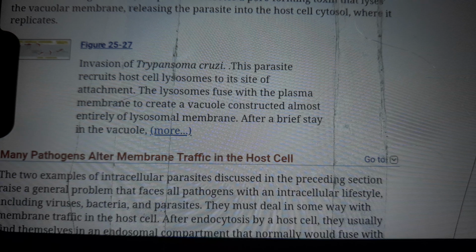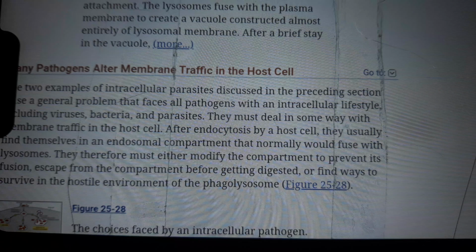Next, the parasite secretes a pore-forming toxin that lyses the vacuolar membrane, releasing the parasite into the host cell cytosol, where it replicates.